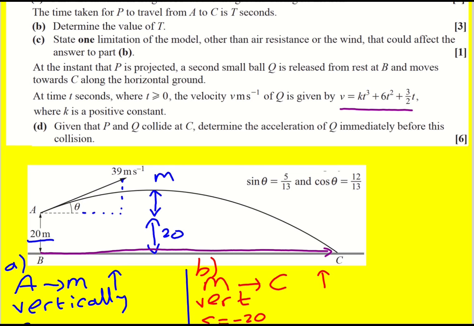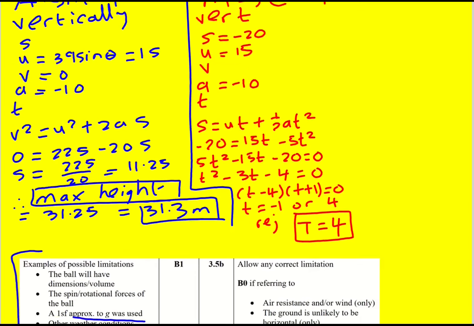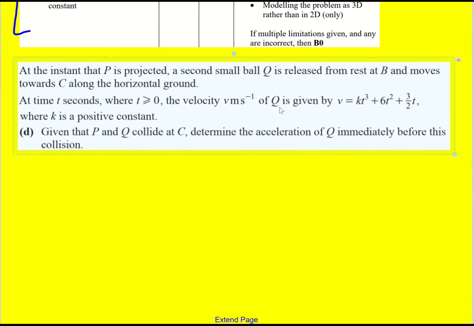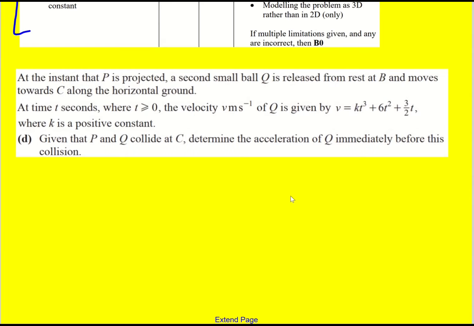Okay, let's take a look at this. I'm tempted to write down the acceleration straight away. It's going to be dv by dt. I'm going to need to work out k first, but it's a starting point. So 3k t squared plus 12t plus 3/2.